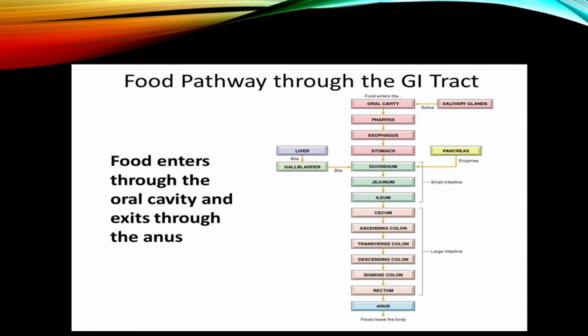Then comes the small intestine. Under the small intestine you can see the parts duodenum, jejunum, and ileum. Then comes the large intestine, and the parts of the large intestine are cecum, ascending colon, transverse colon, descending colon, sigmoid colon, rectum, and at last the anus where the feces leave the body.